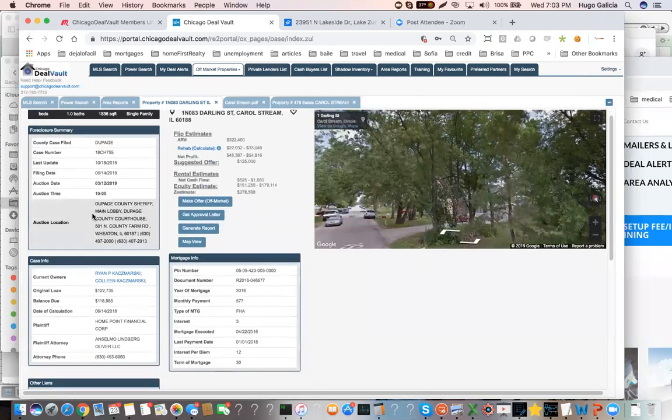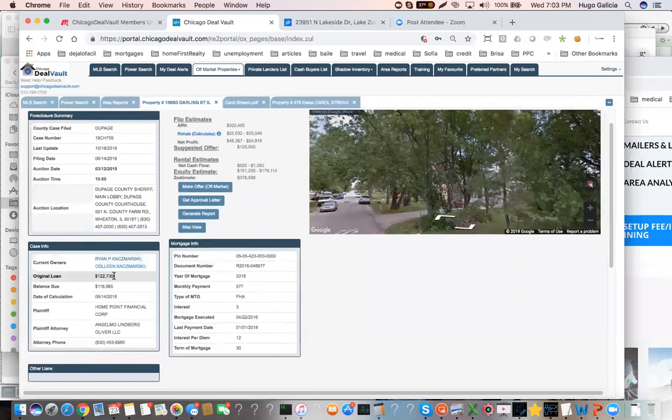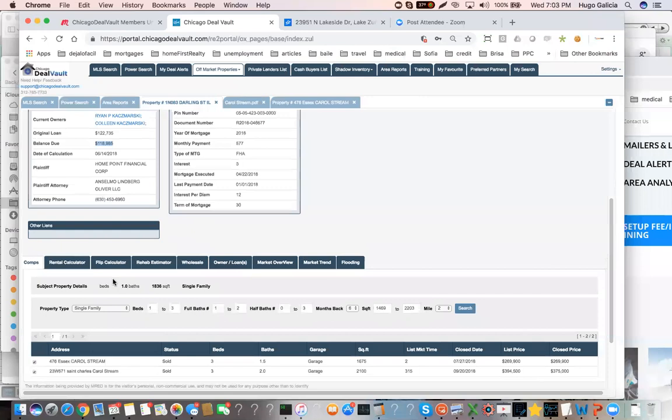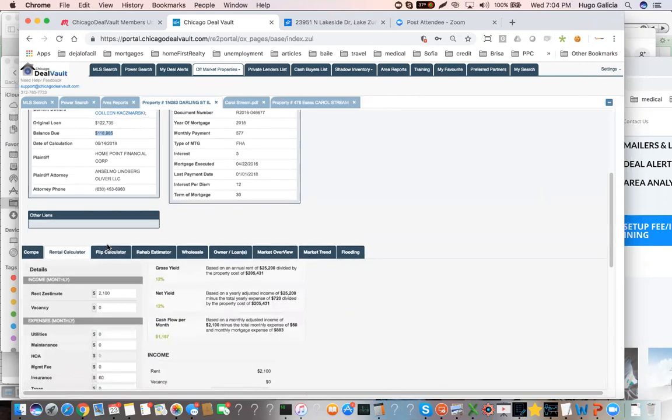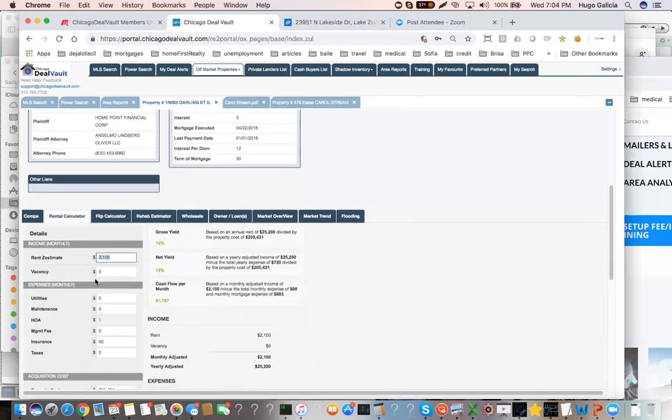Okay, so now we have a lot of room to work with right here. I know right off the bat the analysis is going to work for a rental and a flip. The rents are very high. Utilities are going to be paid by the tenant. Maintenance is going to be 130. Management fee is going to be 50. Insurance, let's say, 110.